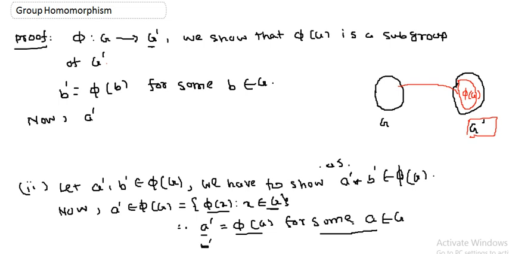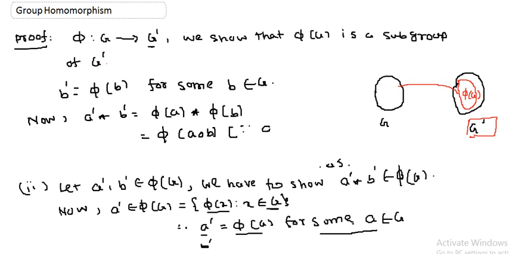We know that A dash star B dash equals phi of A star phi of B. Now since phi is a homomorphism, we can write this as phi of A compose B, so we can write in this form.